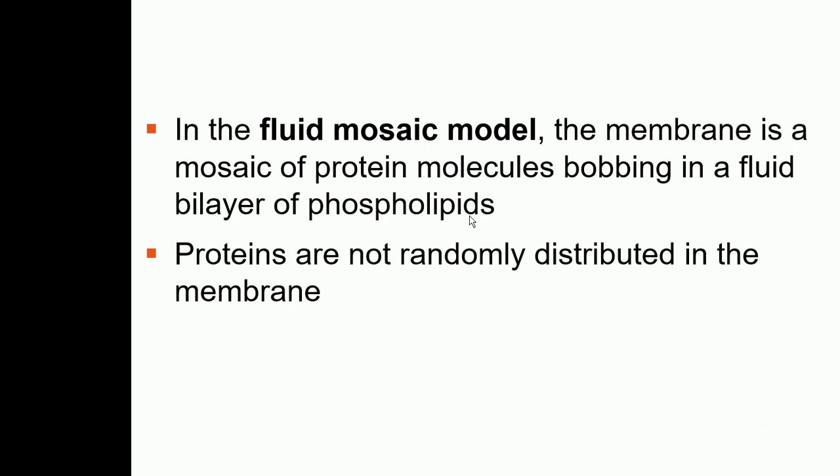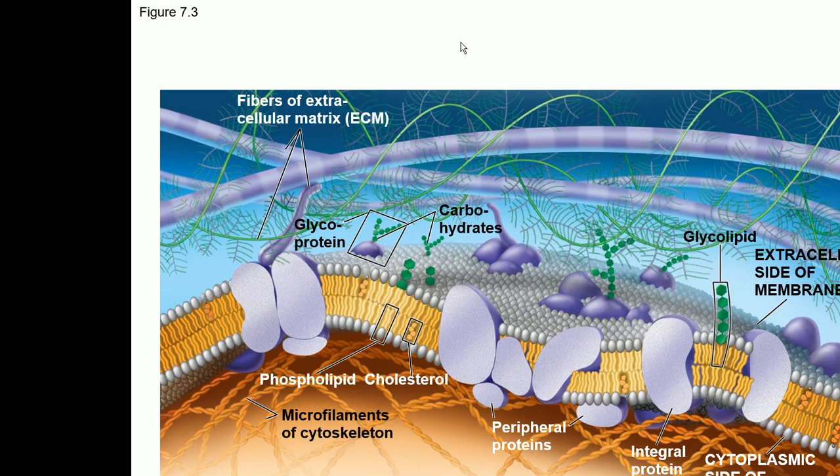So let me talk about the model. This is the structure of the plasma membrane. You can see that these are phospholipids, and how they have formed the bilayer, and in between the phospholipid bilayer are embedded the proteins. You can see all these proteins embedded here. And in the phospholipid bilayer, there is also cholesterol.